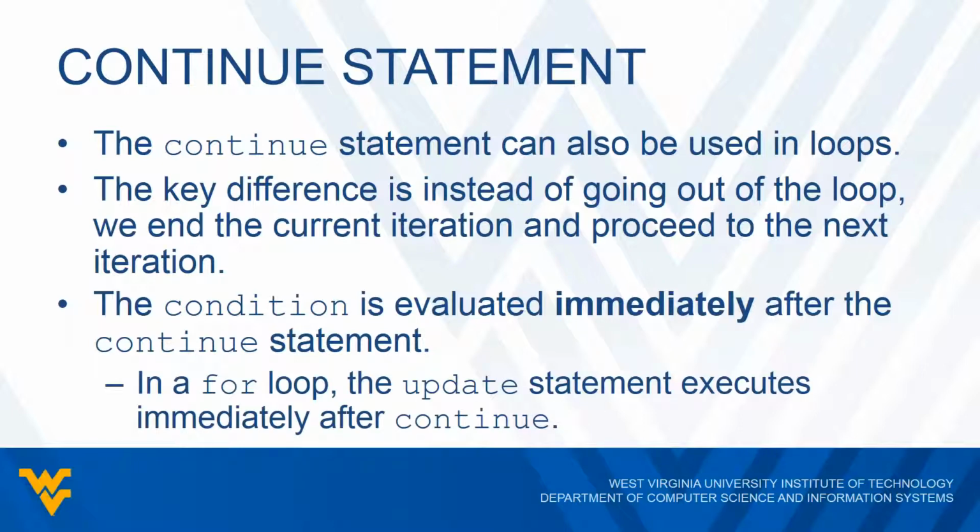For for loops, this just means that we run our update statement immediately after continue. With while loops, we skip everything below the continue statement and go back to our condition. For for loops, we would end our iteration, immediately update our loop control variable and check our condition again.